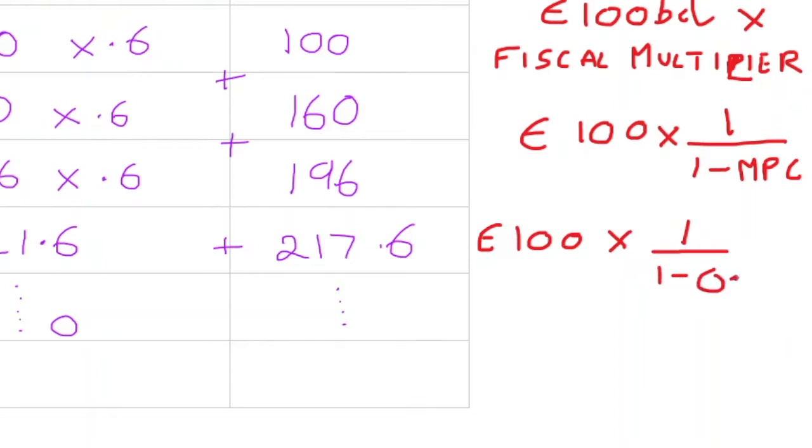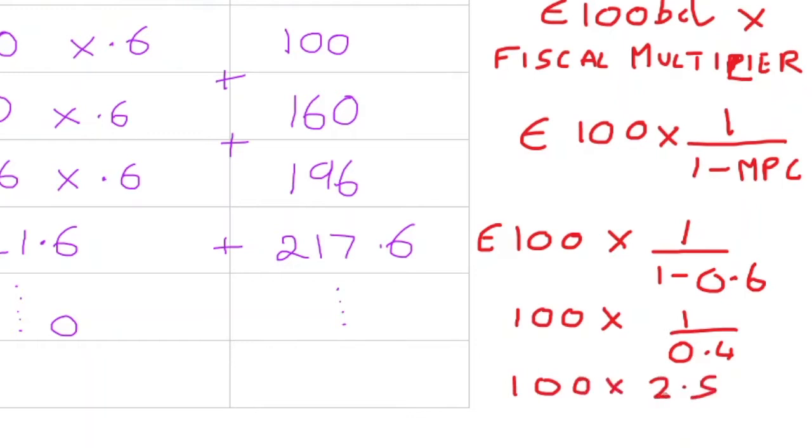So it becomes 1 over 1 minus 0.6. That means that it's 100 now, multiplied by 1 over, and 1 minus 0.6 is 0.4. So it's 100 multiplied by 1 over 0.4, which means 100 multiplied by, if we work this out, it's 2.5.